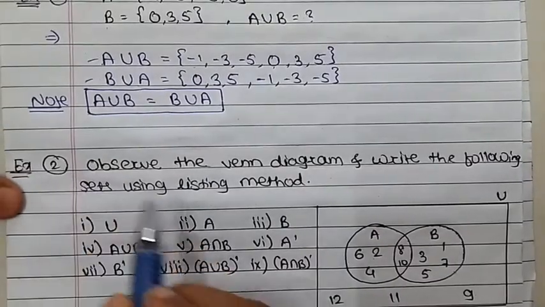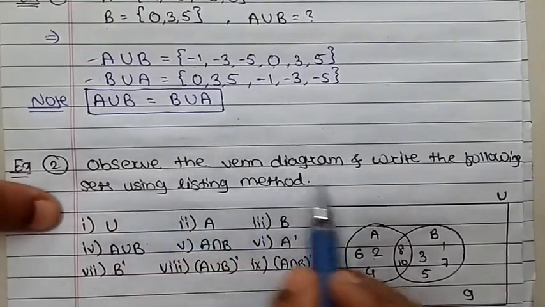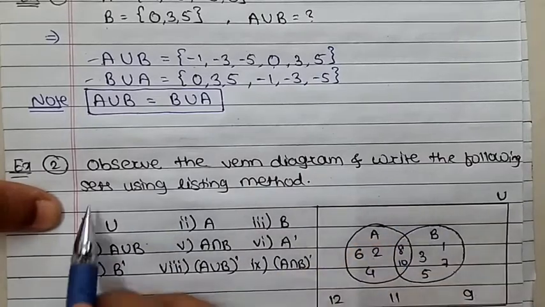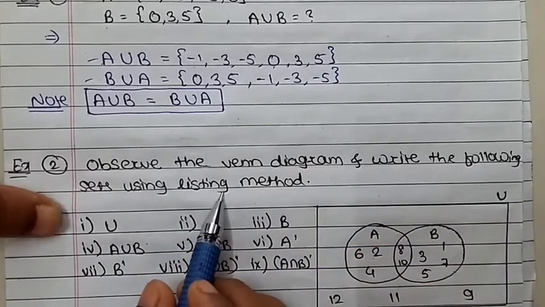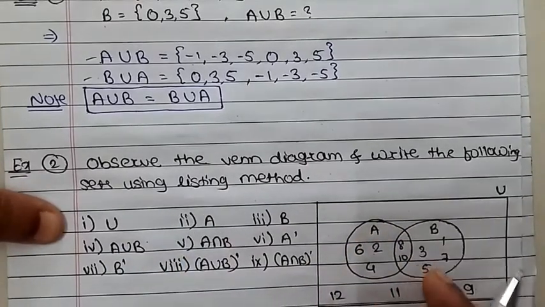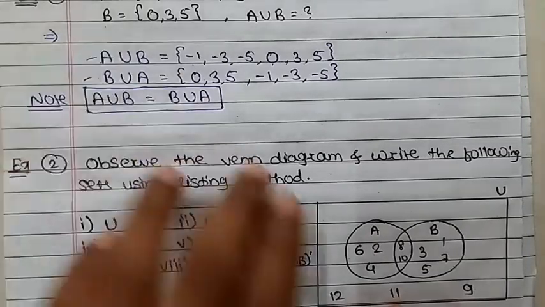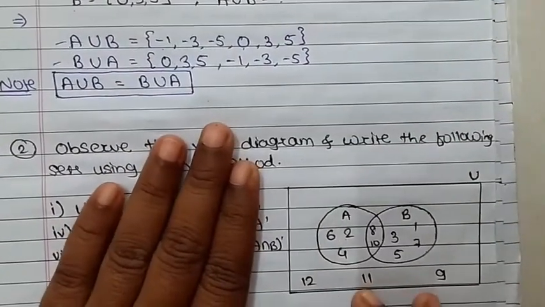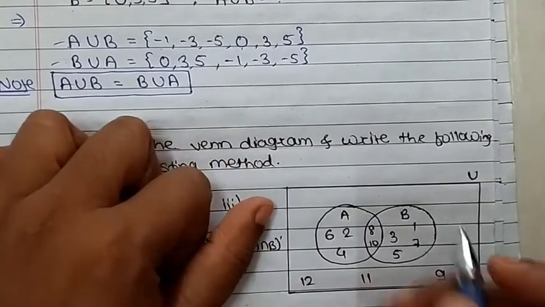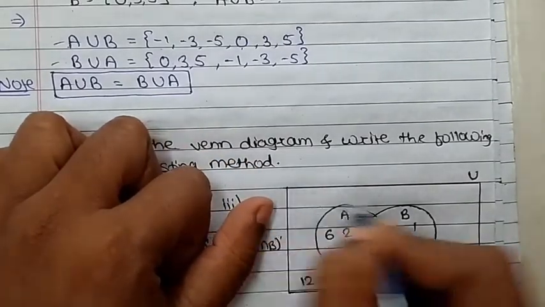Next, example second. Observe the Venn diagram and write the following sets using the listing method. Okay, we want to observe this Venn diagram and write the sets by using the listing method. So first of all, understand this Venn diagram. How to understand this one? One universal set is given here.